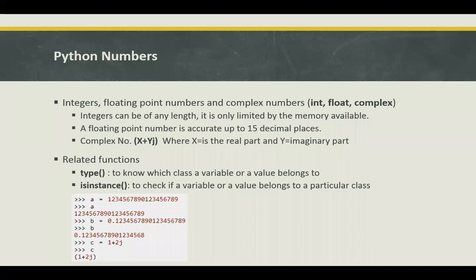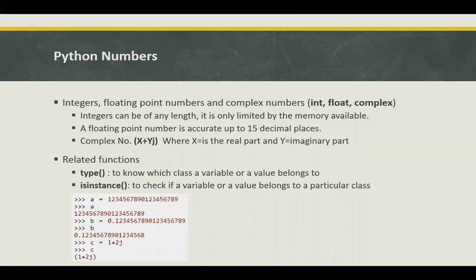In C, there is a specific memory size available. Suppose for integer, long, this type of variable you have to assign, right? But here you are simply writing integer. As per whatever memory is available, it will allocate to the number.